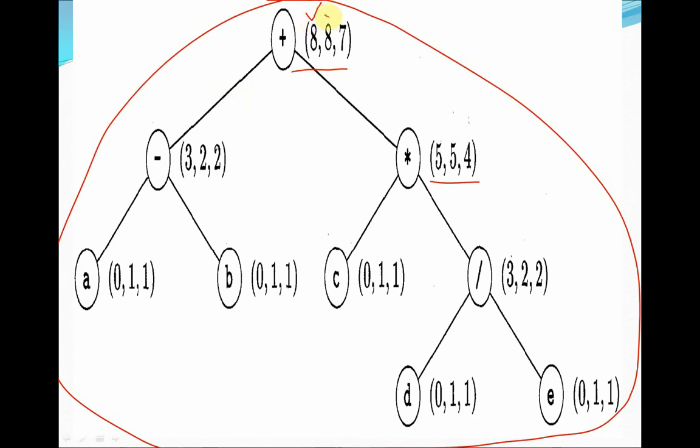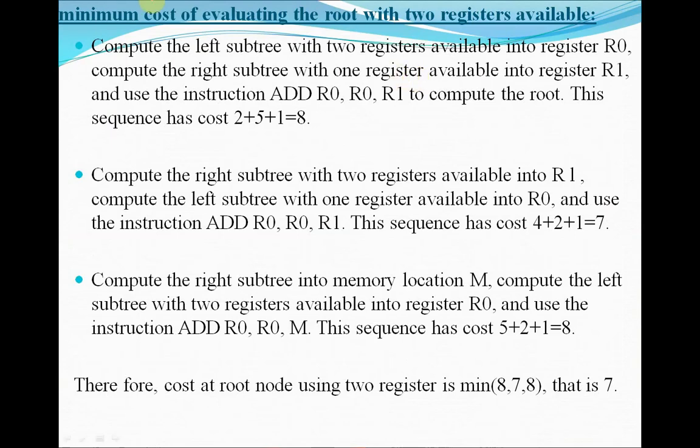If I go through category 2, the cost is also 8. If I go through category 3, the cost will be 7. So these are the different possible combinations of costs. The best one is 7. So I can generate optimal target code for this expression with a cost of 7. That is the final decision.